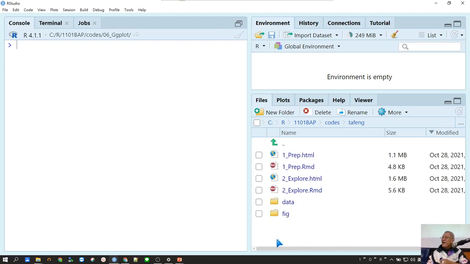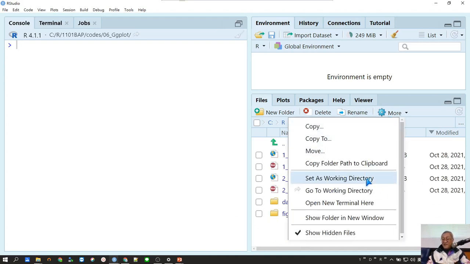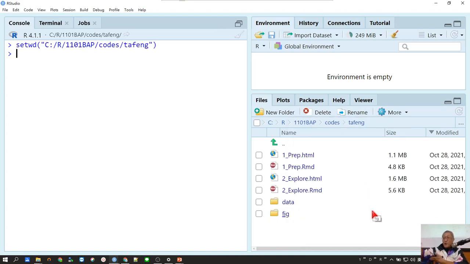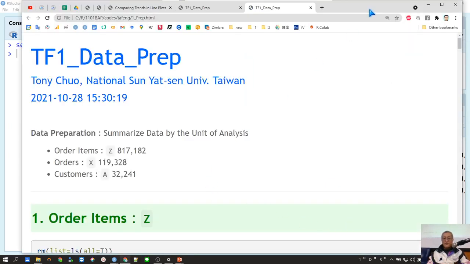Okay, and you want to set the project folder as your working directory. That's the preparation when you switch project. It will save you a lot of trouble. And then if you want to see the notebook, you actually can just click and view in web browser.